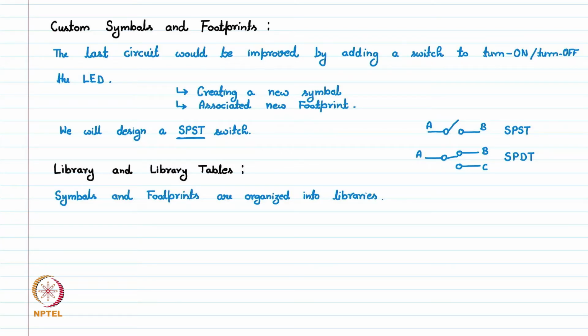So any particular library can either hold symbols or footprint. So a single library cannot hold both of the components. It cannot hold symbols as well as footprints. Symbols will be a separate library and the footprint will be a separate library.